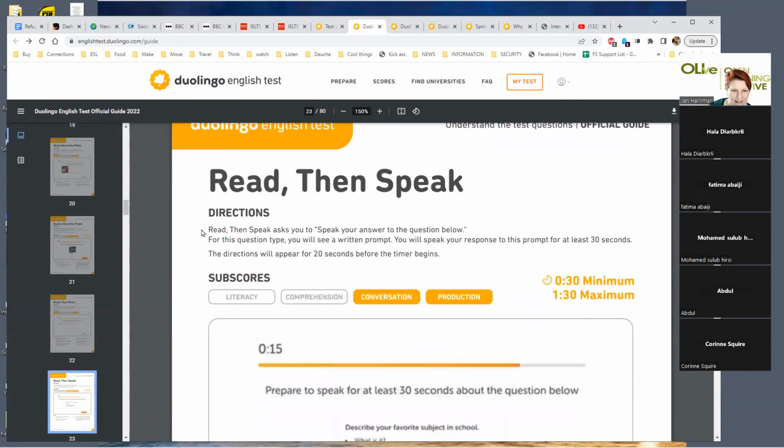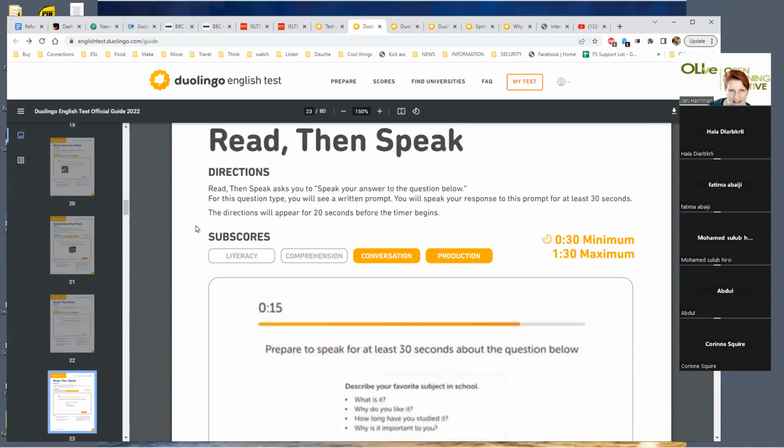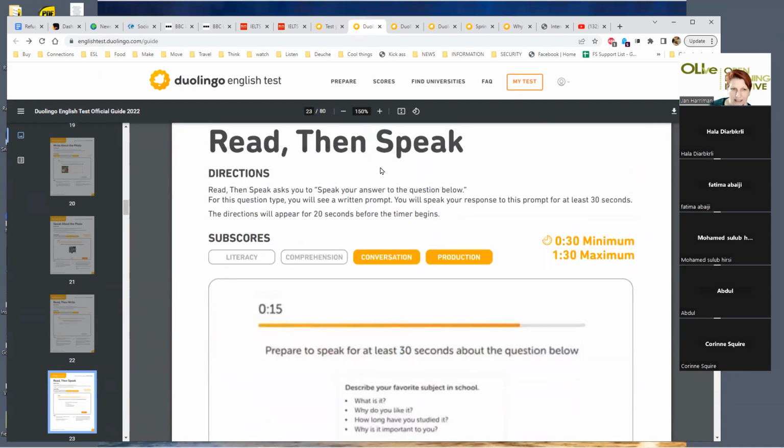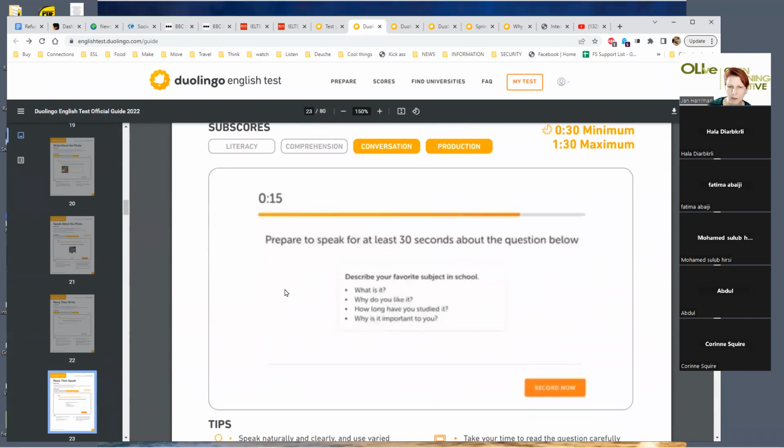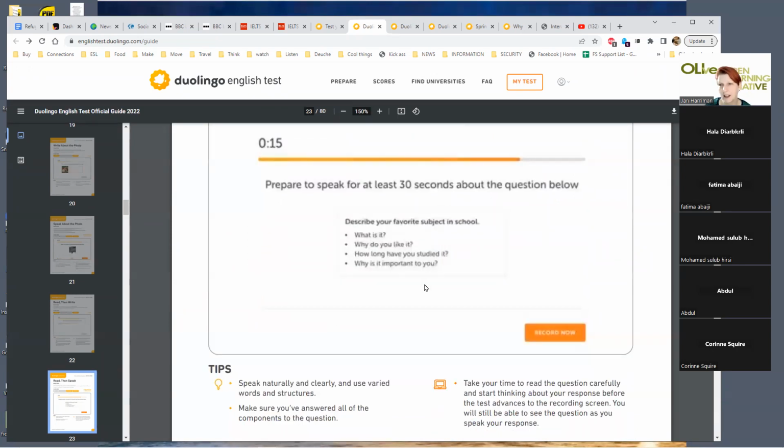So, and then there are several of these as well, read then speak, which once again, you're given a prompt. This one's nice because this one's very much like the IELTS speaking test. Describe your favorite subject. There'll be an overall topic, describe your favorite subject in school, and then there'll be additional questions about it.